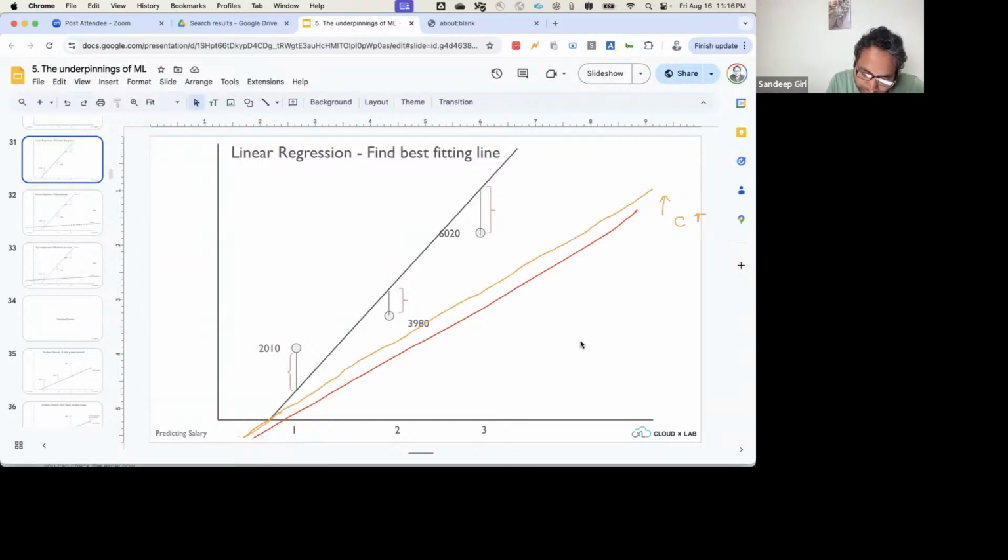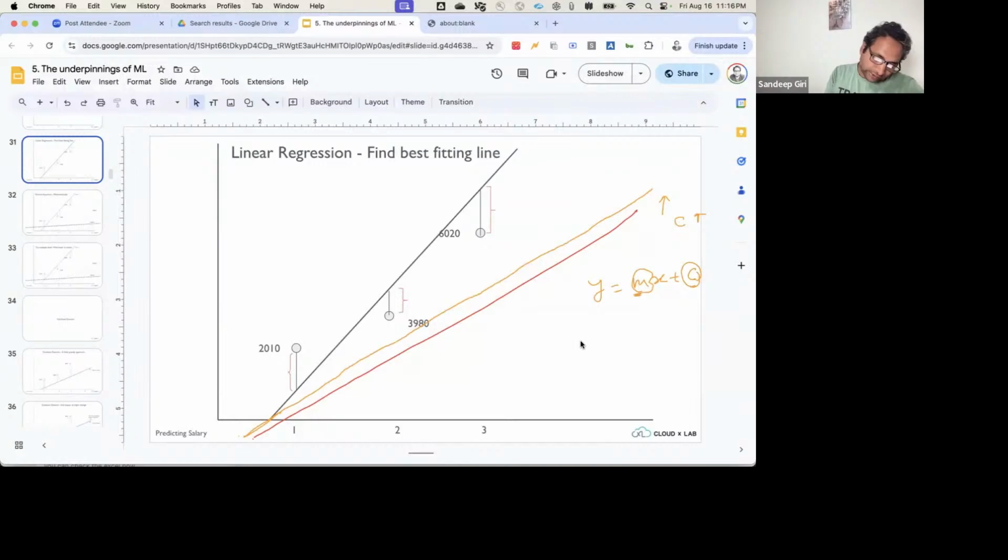Remember, there are two weights in the line. When we are drawing a line, there is mx plus c, correct? M and C. So first we tried increasing M a little bit, observed the error, and then we tried increasing C a little bit, just a little bit.